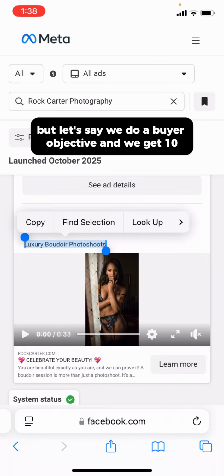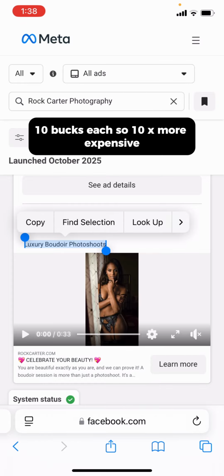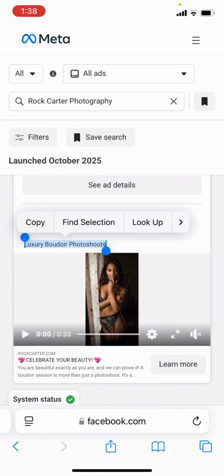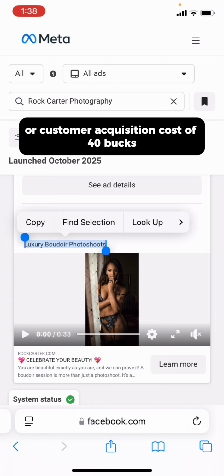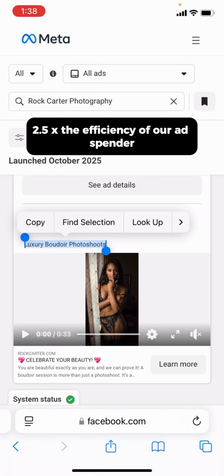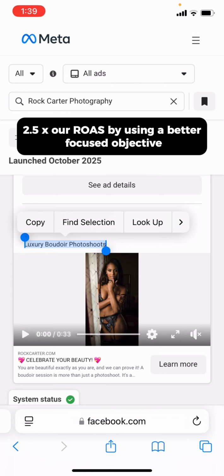But let's say we do a buyer objective and we get 4 leads, $10 each, so 10x more expensive. We sell one, CAC of $40. So we literally just 2.5x'd the efficiency, the profitability of our ad spend, 2.5x'd our ROAS by using a better focused objective.